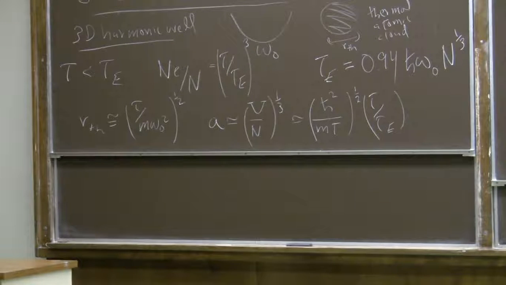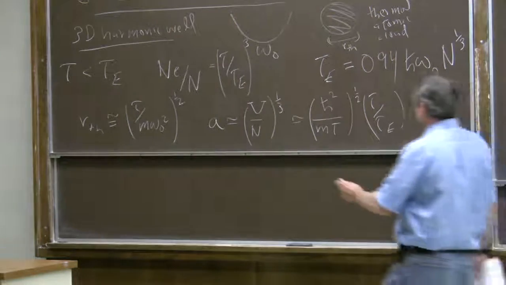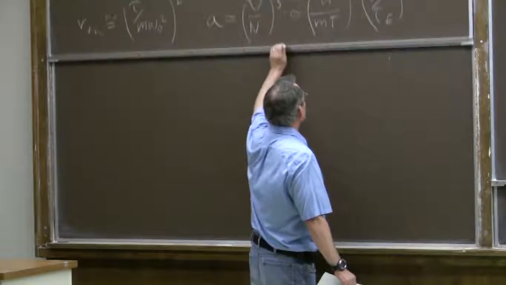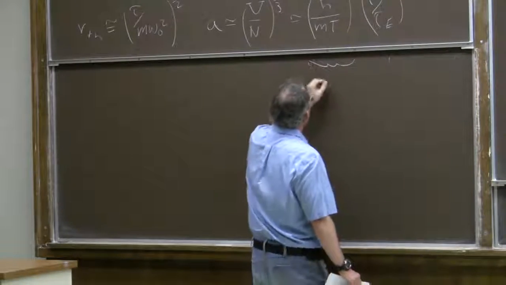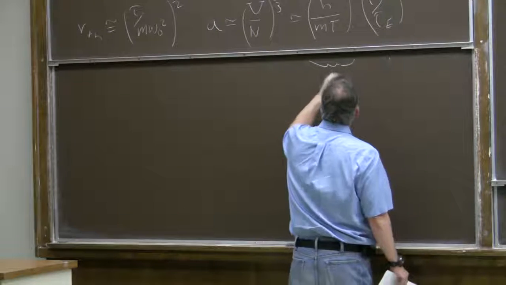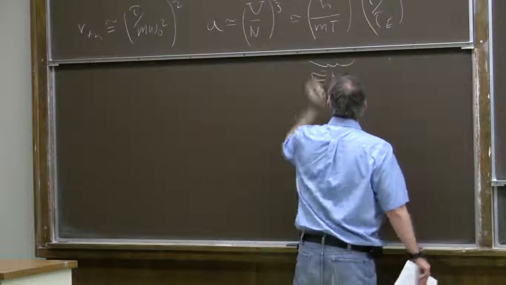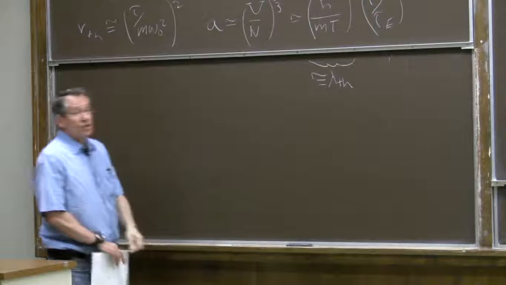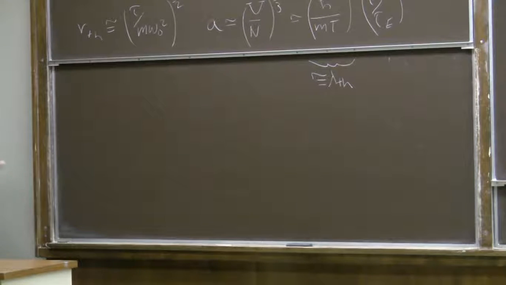H bar squared over m tau, that's something that has the dimensions of length. I called it the thermal wavelength. It's the typical de Broglie wavelength of a particle with mass m, whose kinetic energy is about tau.